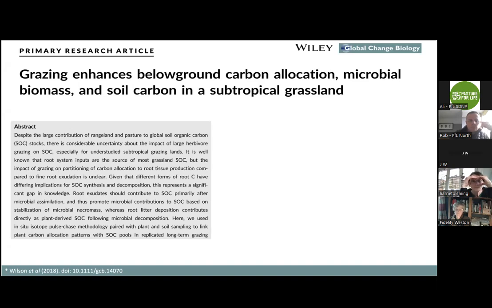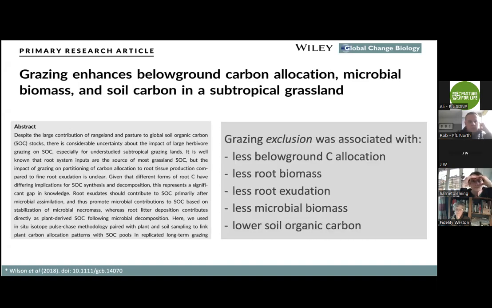And here's a really nice study. This was out of the US on a more sandy soil, so fine, you can take it a little bit with a grain of salt, but it's an interesting study that highlighted the negatives of excluding animals, where we had a pasture, split it in half. On one half we just cut and mowed, the other half we included the animals and grazed those animals through that pasture.